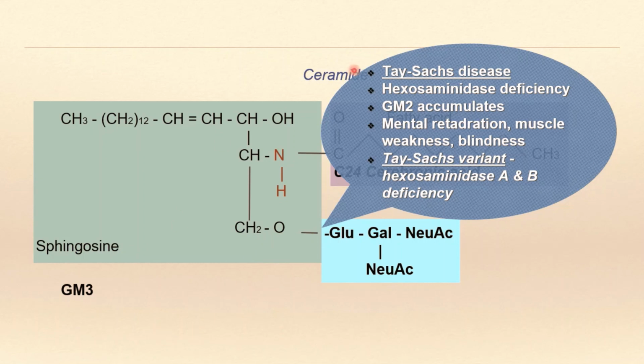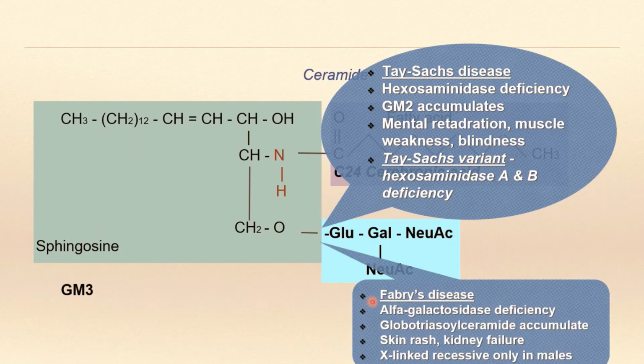So gangliosides are mostly found in the ganglion cells. So mental retardation, muscle weakness, blindness, all these will be the symptoms observed. In Tay-Sachs, different variants have also been reported, like hexosaminidase A and B deficiency. Different hexosaminidases are present, and if they are deficient, the different variants can be observed.